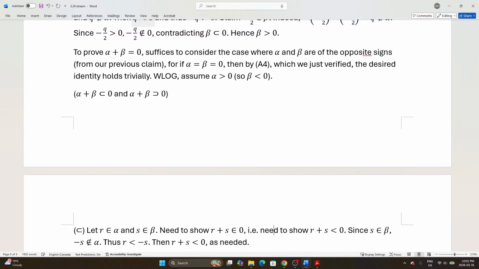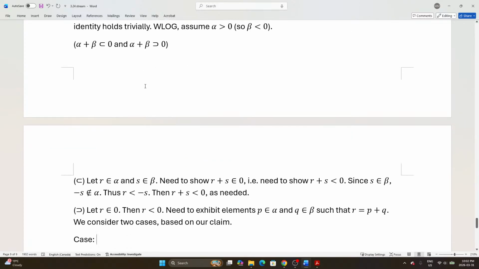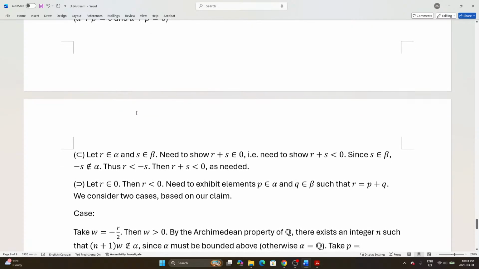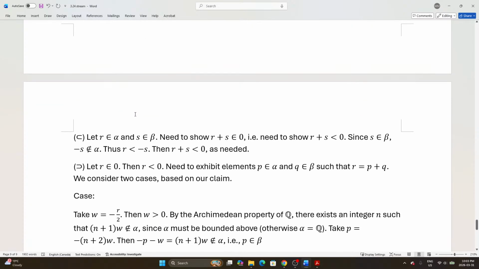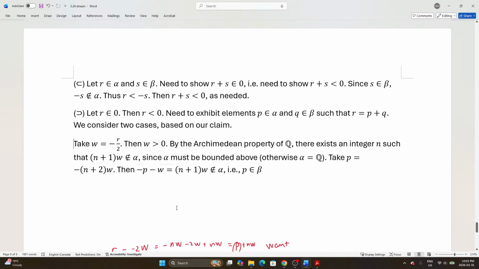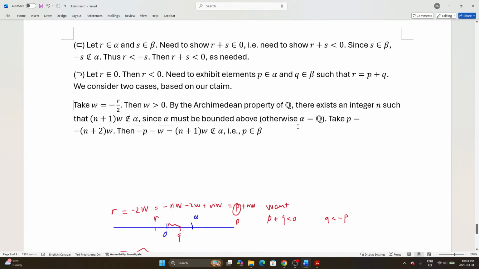So that's cool. The first containment needs nothing to be done. In the second containment, the opposite containment, we're going to continue using what we have here, and we're going to add an extra requirement.